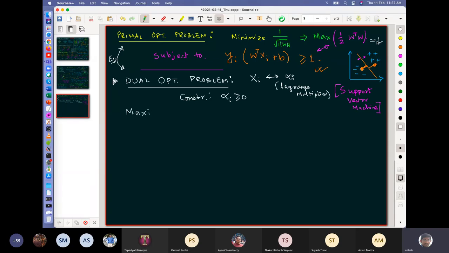So if I call it L, they try to maximize L, which is not only this anymore after the transformation, but also with respect to all the points that you have. Suppose you have n number of points.